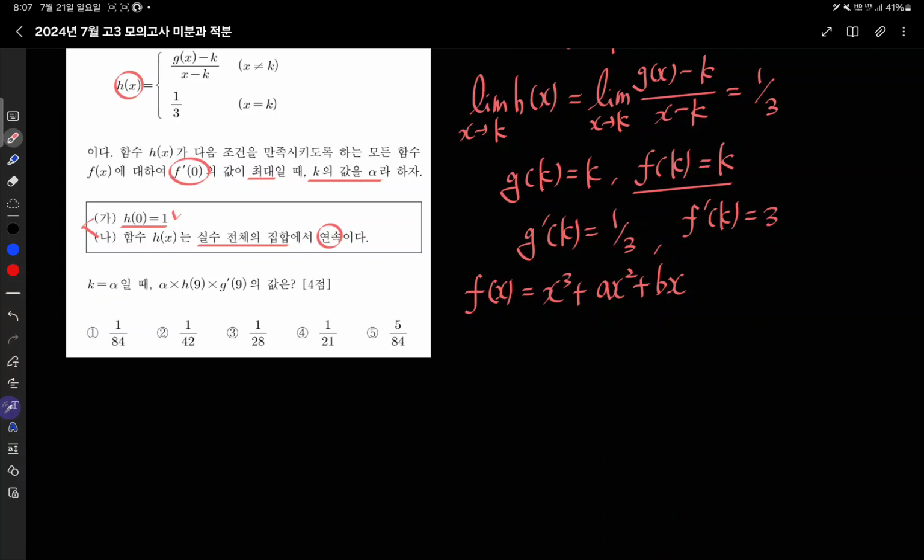And with this condition, k is equal to k cubed plus ak squared plus bk.